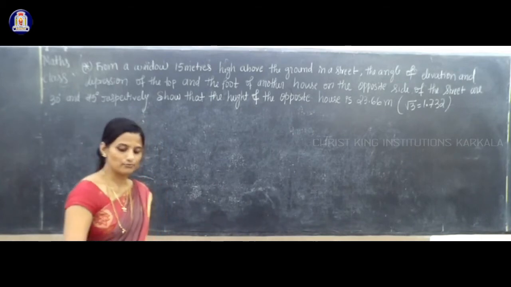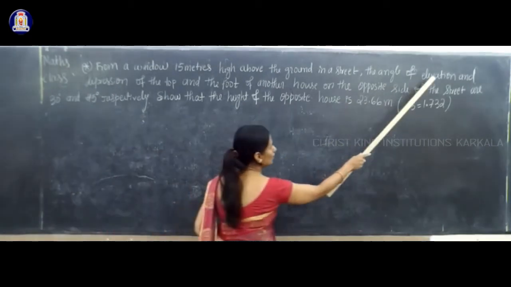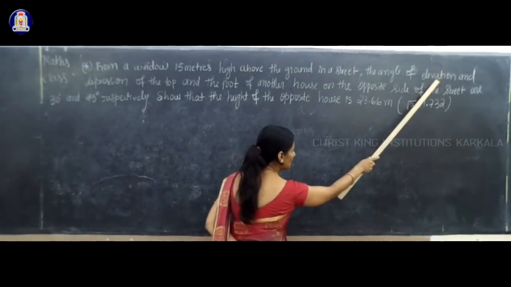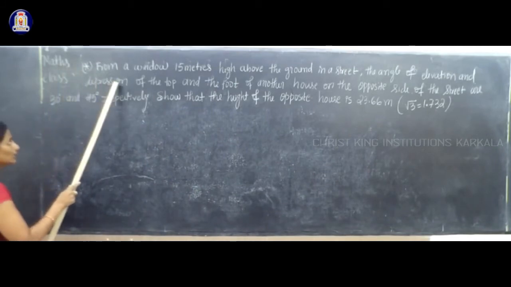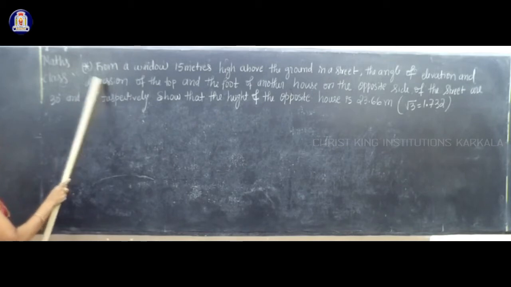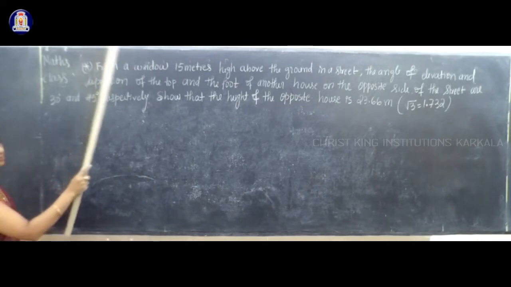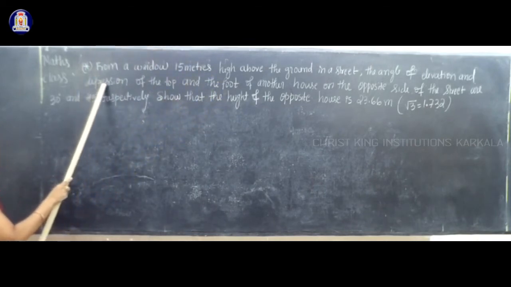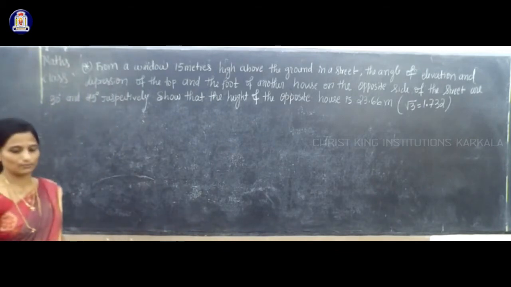So here the first angle is the angle of elevation, which is 30. The angle of depression is 45 degree. Don't write depression angle as 30 and elevation angle as 45. That is wrong. First is elevation and next is depression. So first is 30 degree, next is 45 degree.